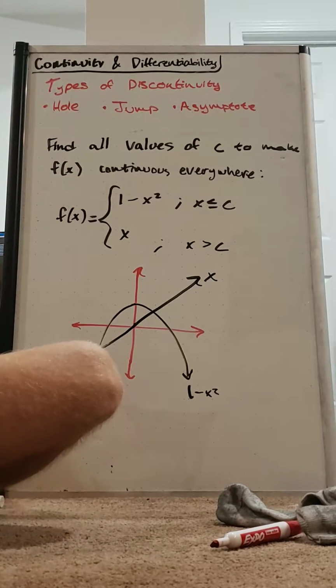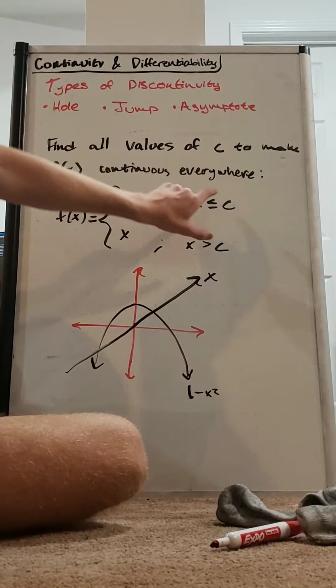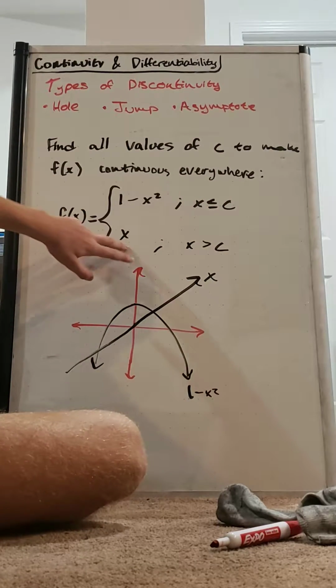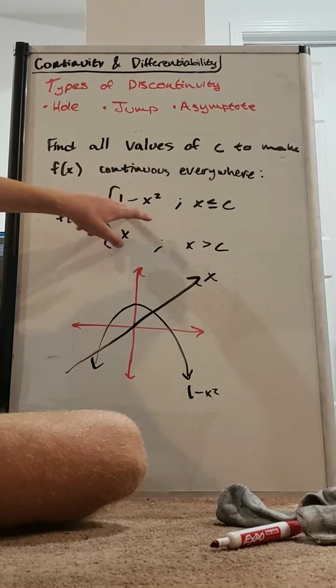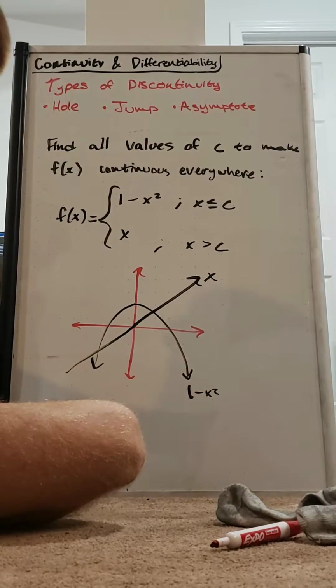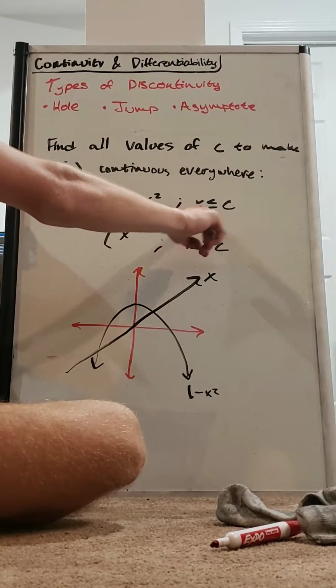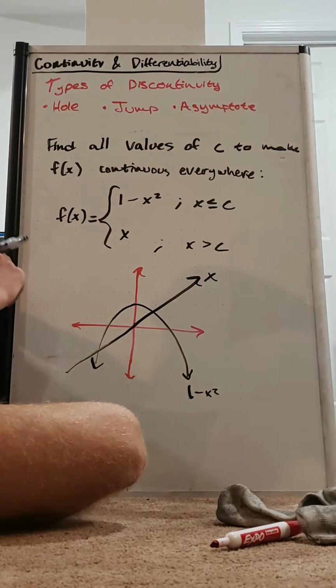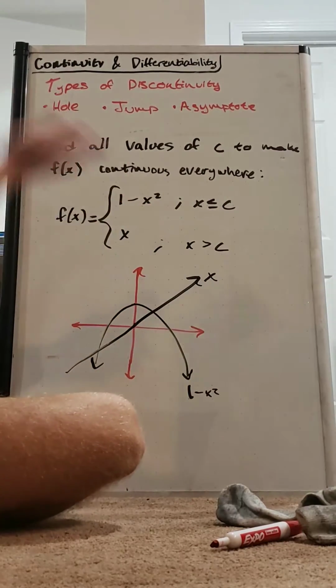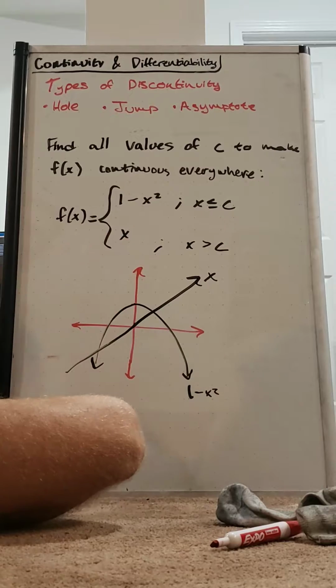So we need to choose where to stop this function on the left and connect it with this function on the right. Because this value of c is going to stop this function from existing further and switch over to this function.